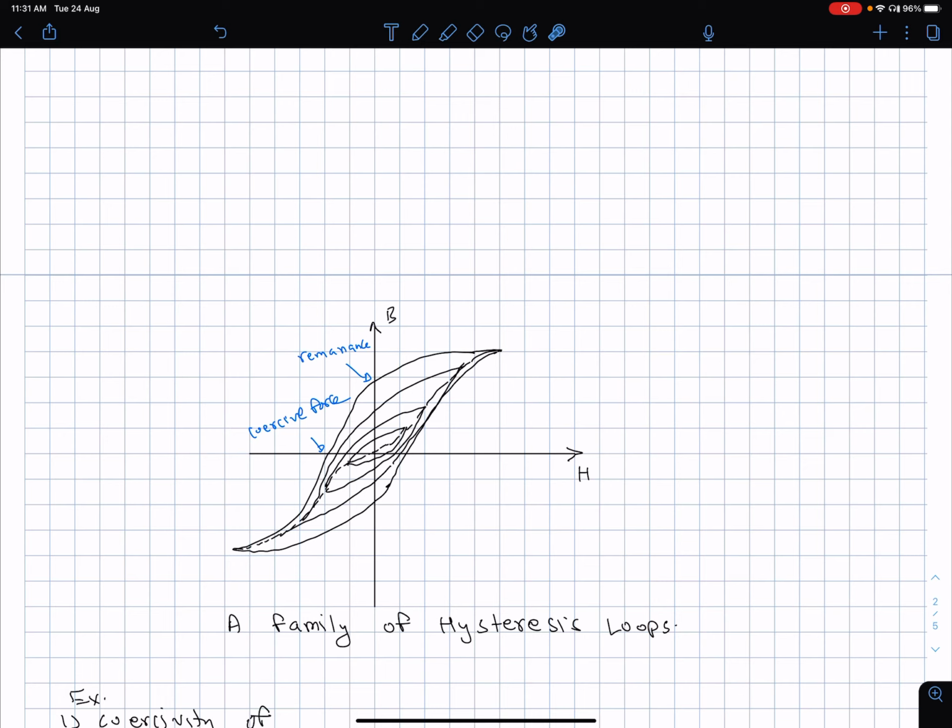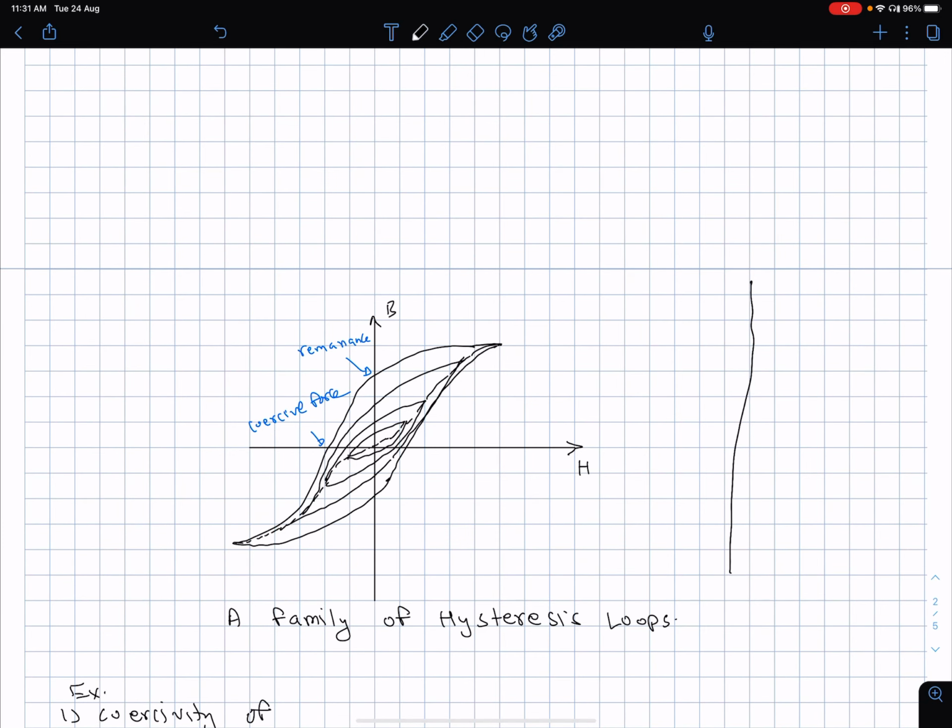So in this picture, two things come out. One, if I plot the loss as a function of Bm, the max B that I am reaching, which is being hit here, then here, then here, then the loss is monotonically increasing.